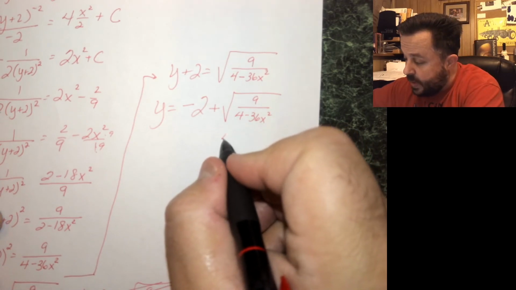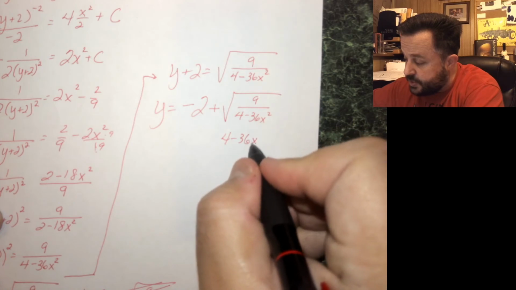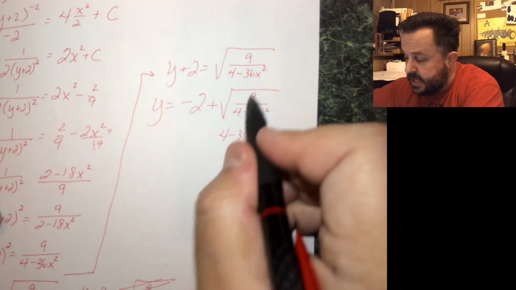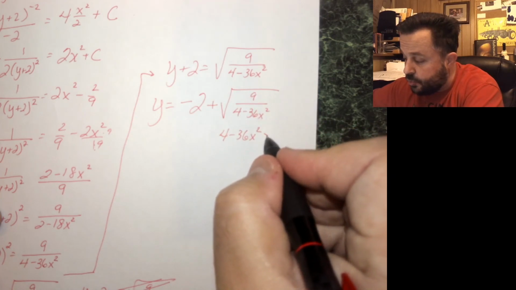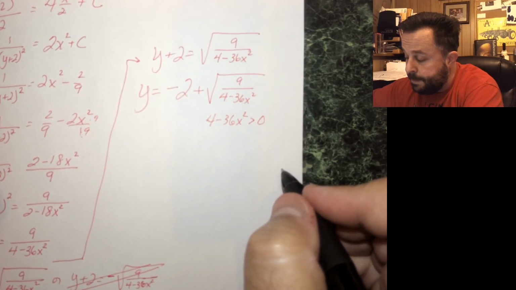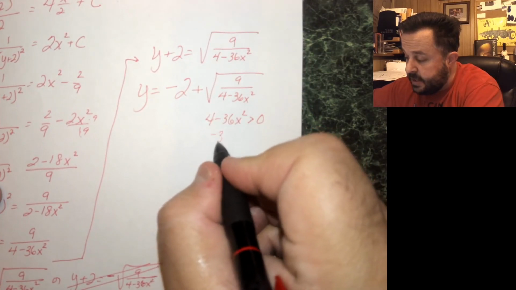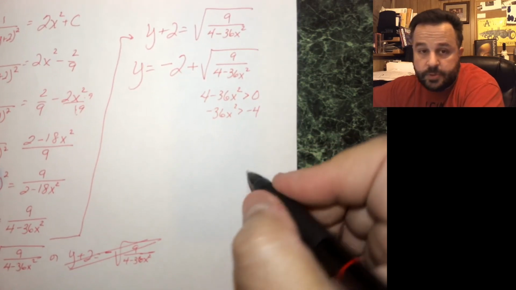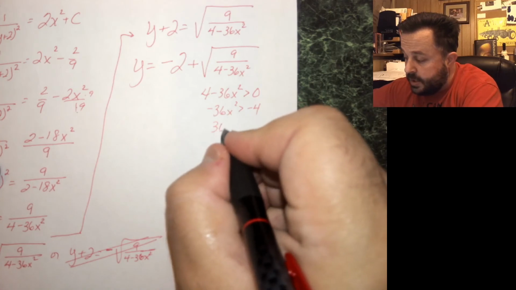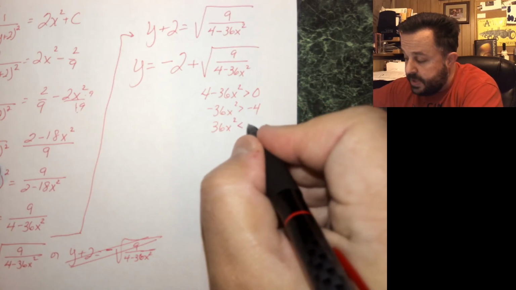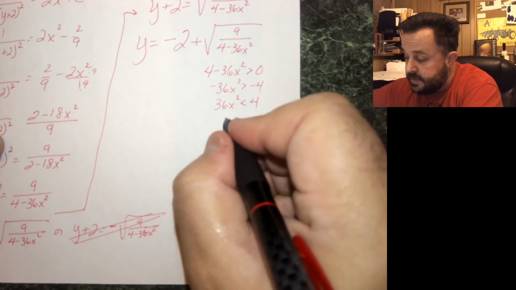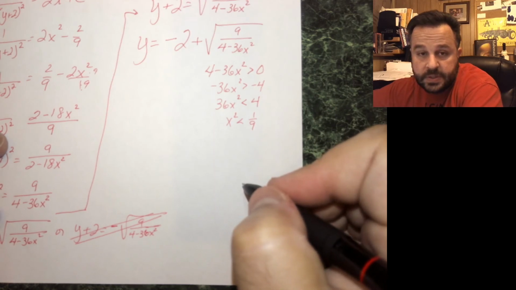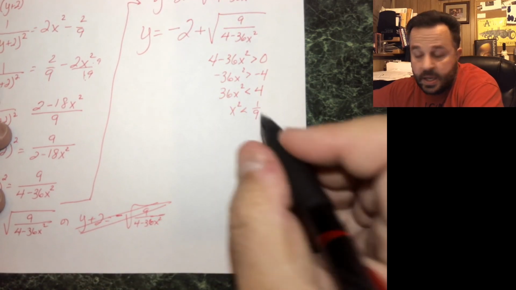So we need to ask, when is 4 minus 36x squared not only not 0, but if this was negative, it would turn the whole thing negative. So we want this to be greater than 0. That happens when negative 36x squared is greater than negative 4, by subtracting 4. Dividing by negative 1 is going to swap the inequality. Dividing by 36 gives me 4 over 36, which is 1/9. And then take the square root.